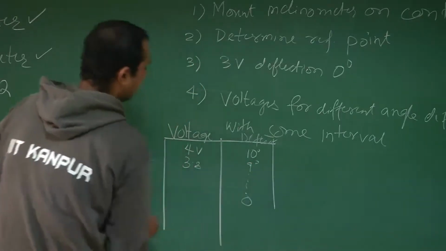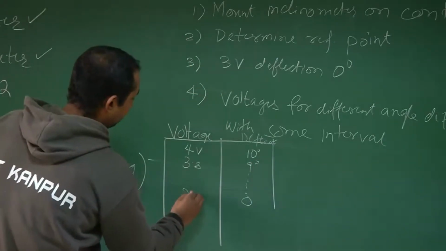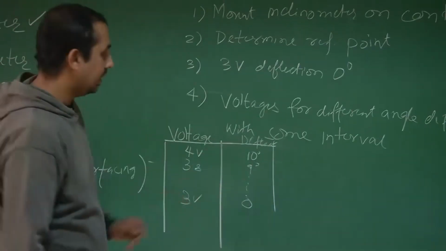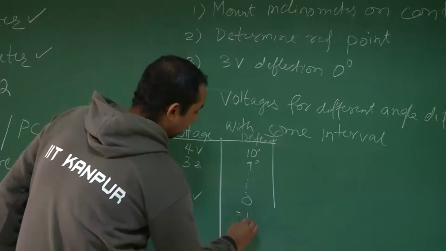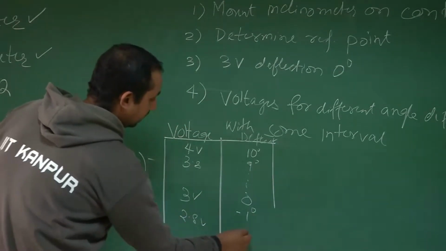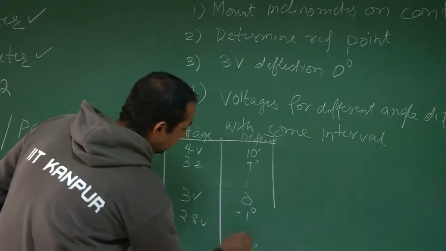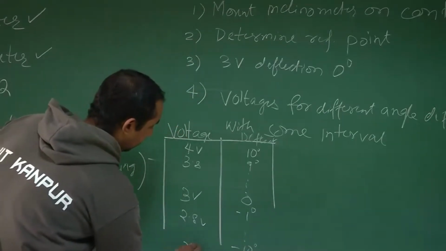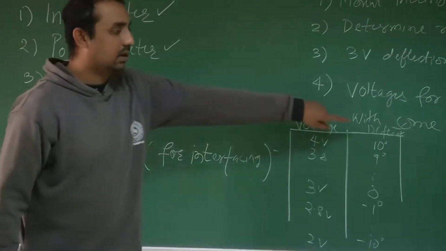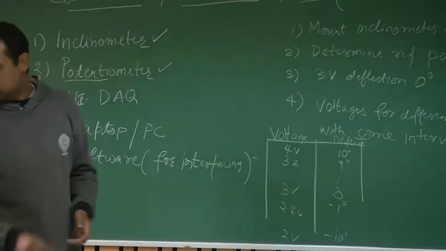Similarly, for 0 deflection, I already told you, suppose it was 3 volts. Now, while deflecting on the other side, for -1 degree, suppose your voltage is 2.8 volts. And similarly, for -10 degrees, your voltage is say 2 volts. So you get a chart with voltages and deflection of the control surface.